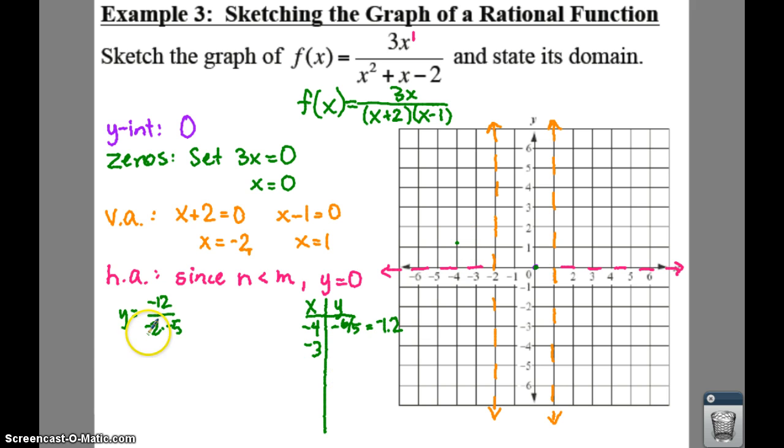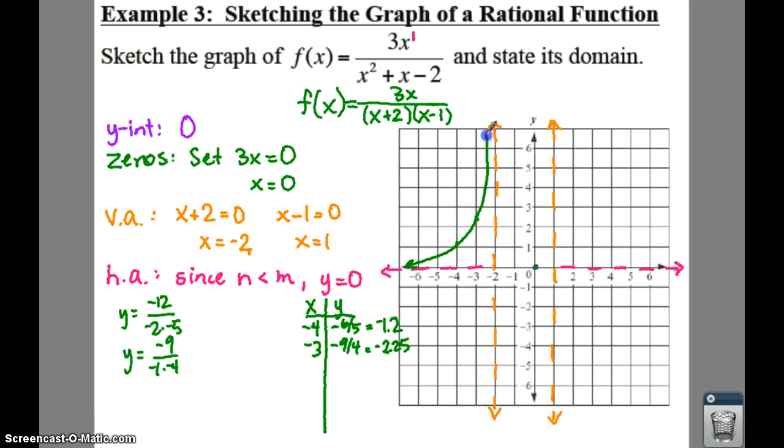If I plug in a negative 3, that gives us negative 9 over, on the bottom you have negative 1 times a negative 4, which is a negative 9/4, or some of you may know that to be a negative 2.25. So back 3 up 2.25 is right around here. So we can actually kind of draw this little sketch in here.